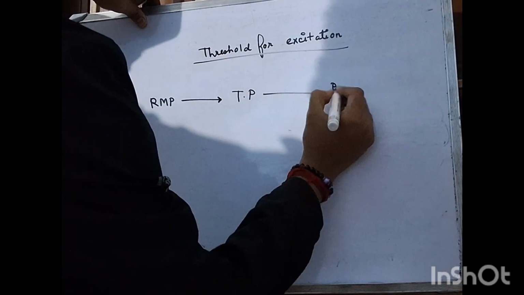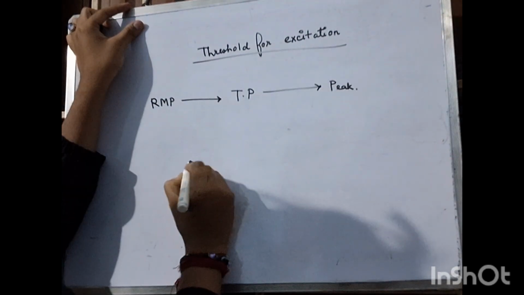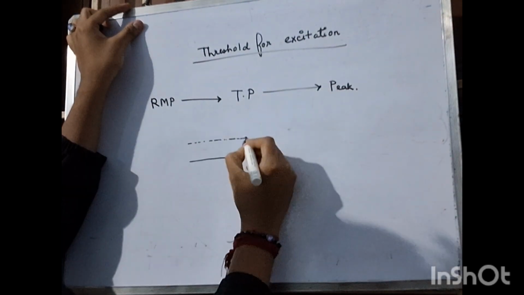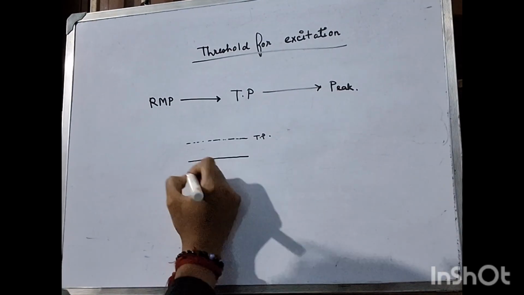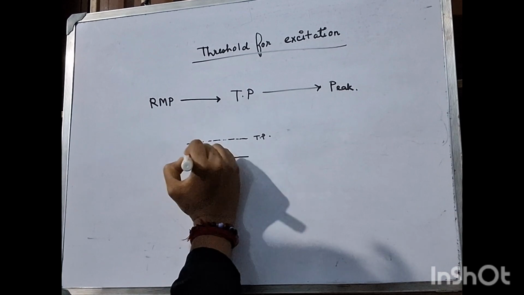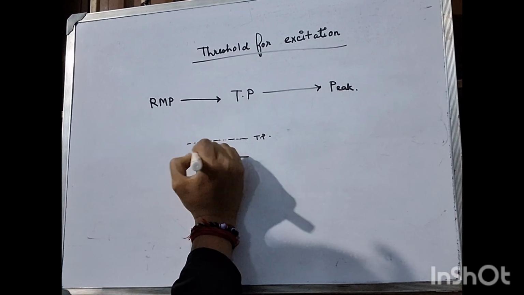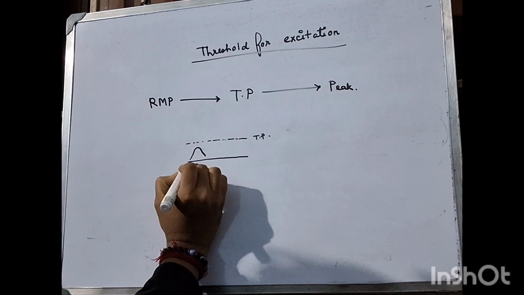it reaches a peak. Say for example, this is the baseline and this is the level. Say suppose we give an electrical stimulus, and the potential shows a curve like this. In this case, this is a sub-threshold stimulus.